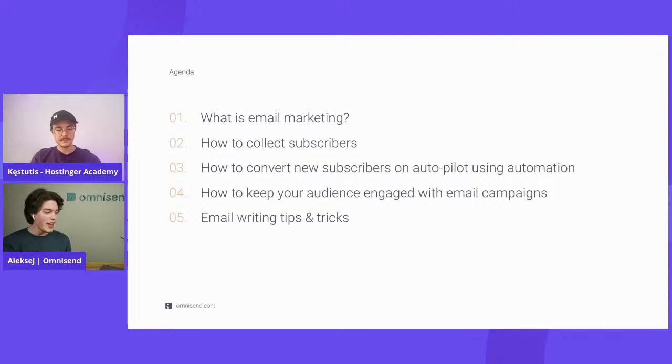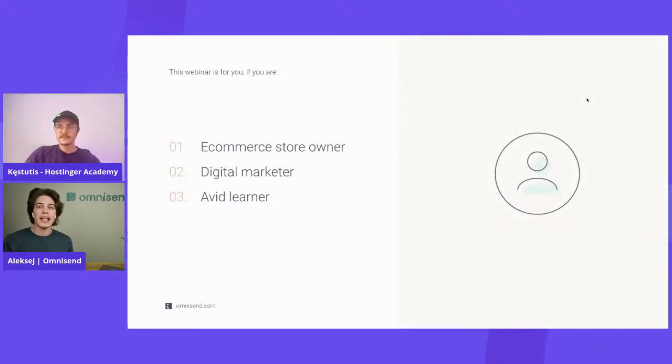All right, and one last thing before we jump in, I just want to outline who this webinar is perfect for. So if you are an e-commerce store owner, this is the best thing for you, because I'm going to show you all of these things that you can apply to your e-commerce store. It doesn't take long, as you're going to see, and it's going to increase your store's revenue.